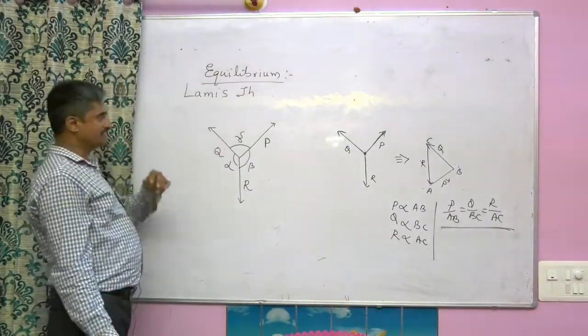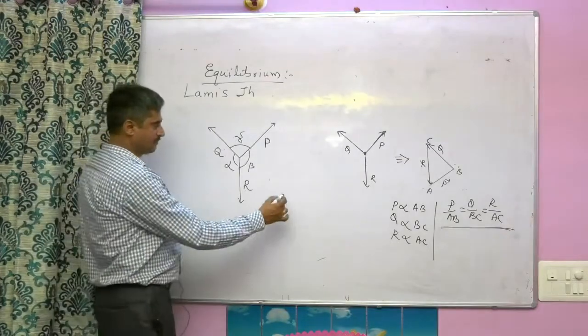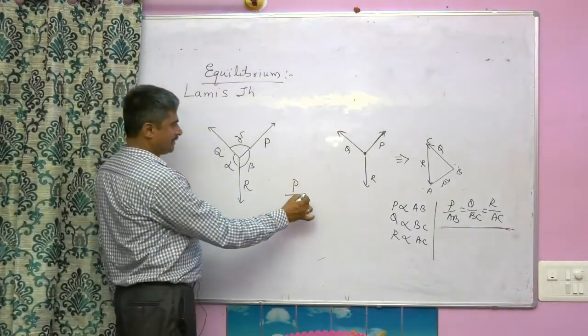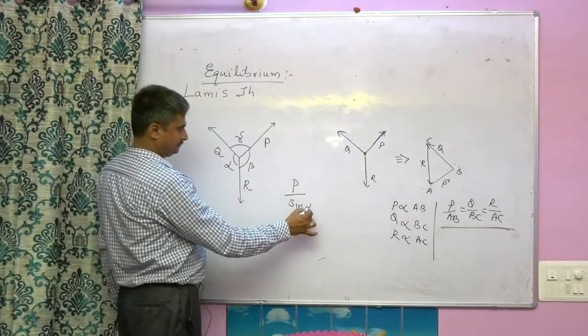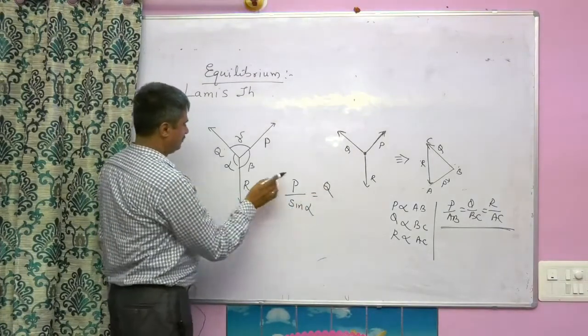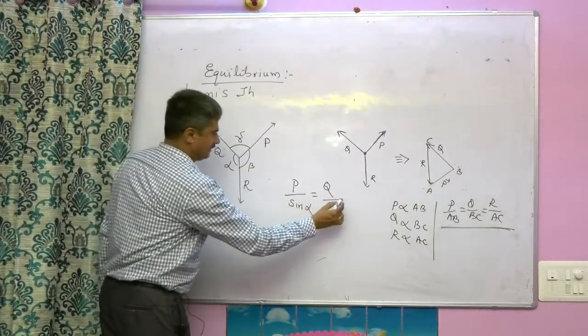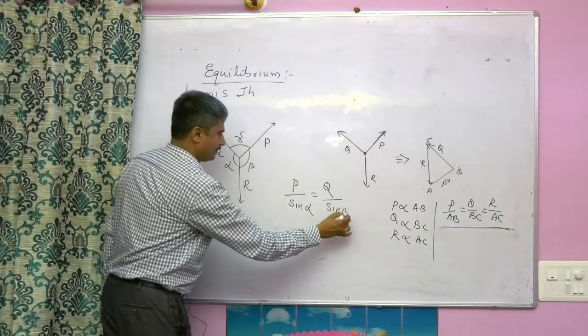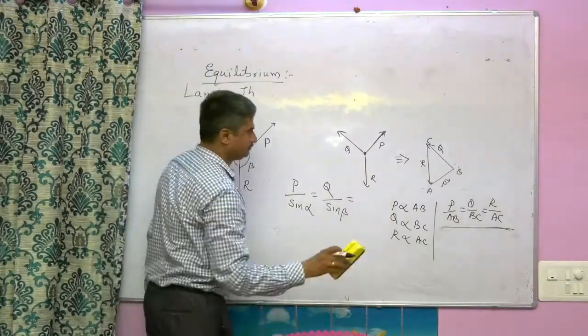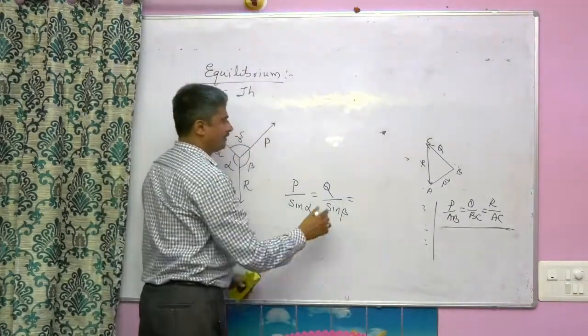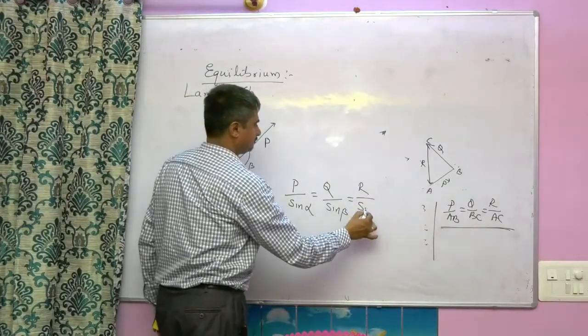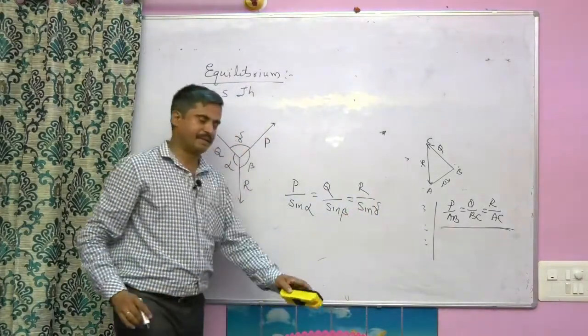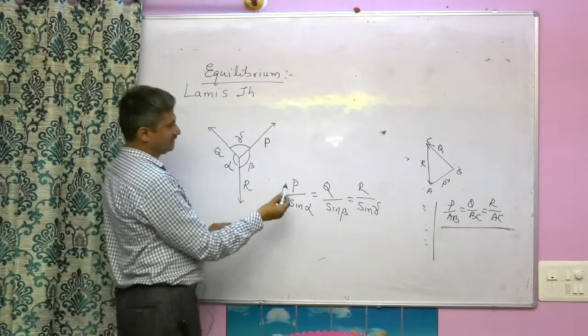then Lami's theorem states that P divided by sin alpha is equal to Q by sin beta, that is equal to R by sin gamma. So what do we say in the statement?